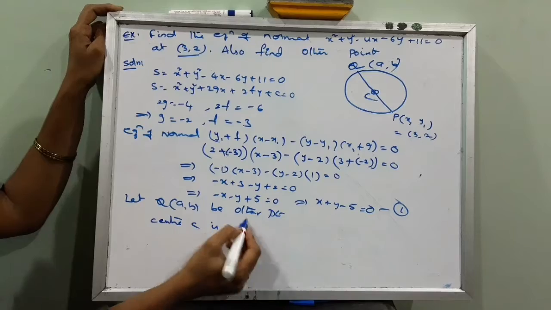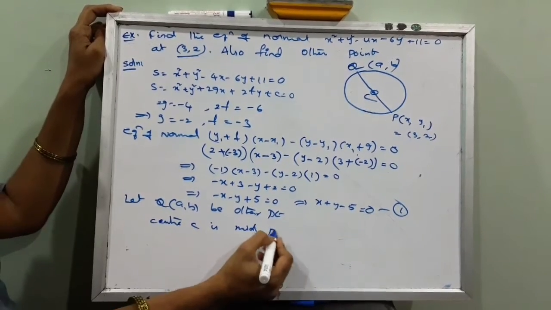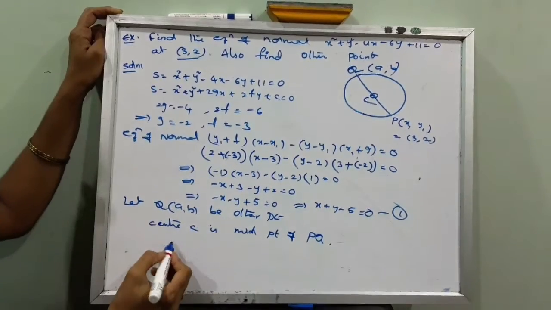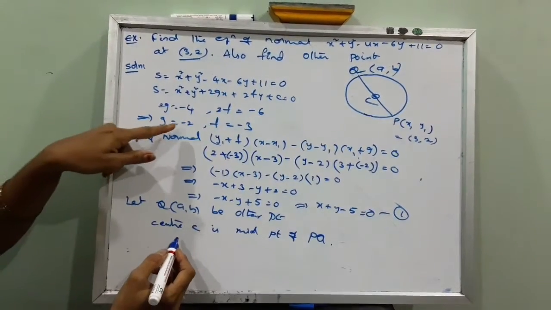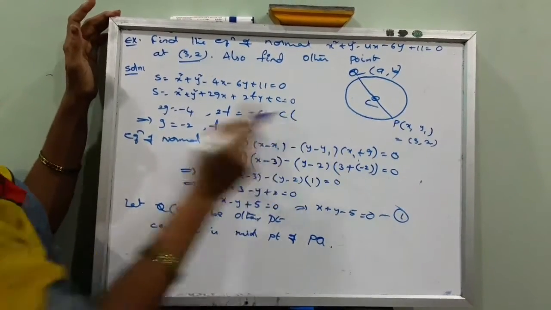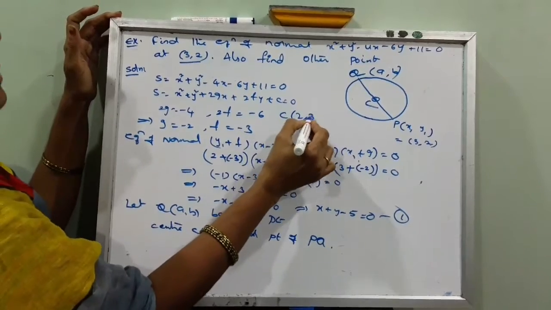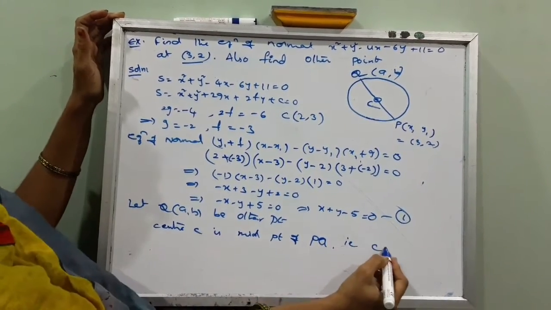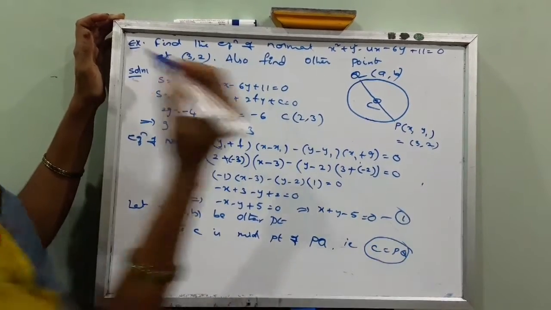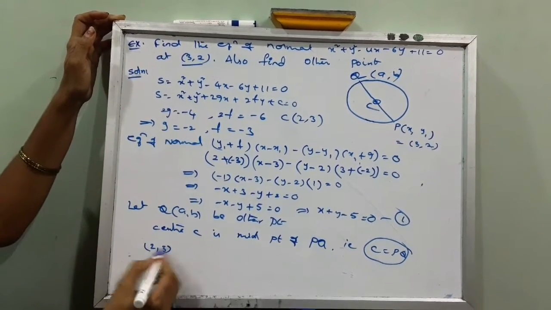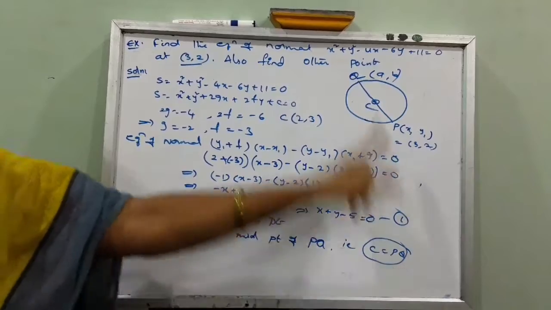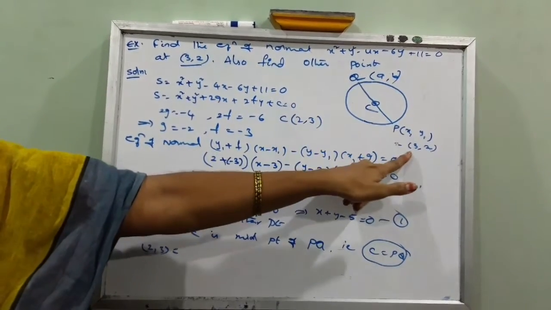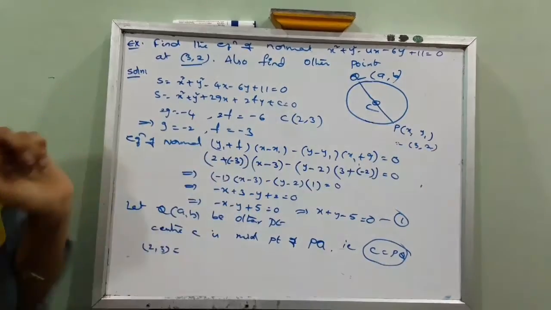Center C is (minus g, minus f), that is (2, 3). So C (2, 3) is equal to the midpoint of PQ.